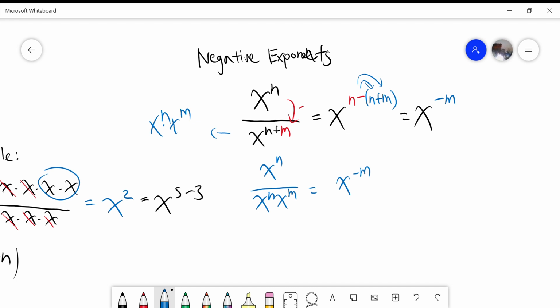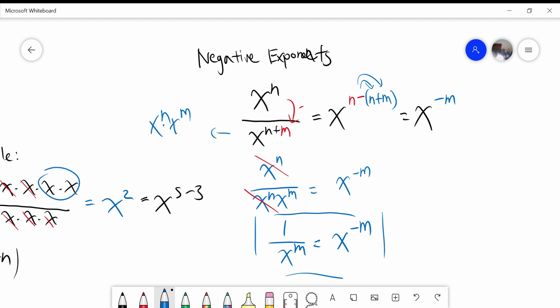We see a nice cancellation of the top and bottom x to the n, and therefore we are left with 1 over x to the n, so x to the minus n equals 1 over x to the n, and this is the negative exponent law.